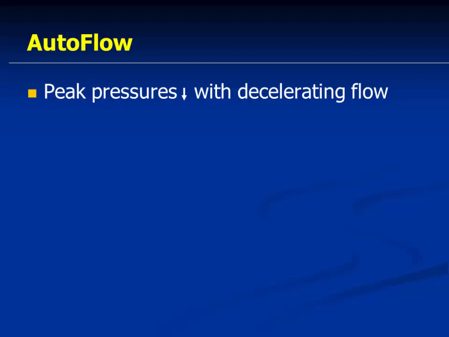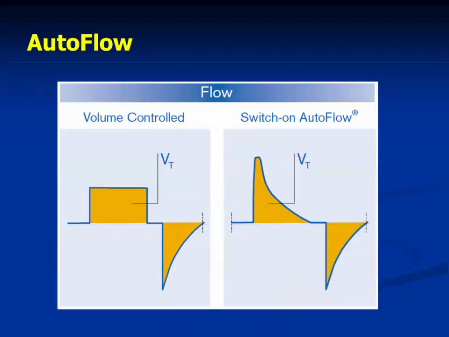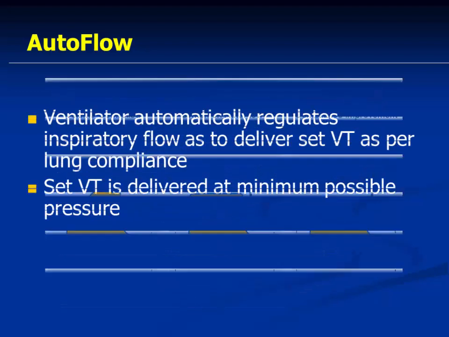The moment we switch the auto flow on, flow becomes variable. So again it combines the benefit of volume control and the benefit of pressure control both. This is the flow pattern, volume control. As you know, fixed flow. The moment you switch on the auto flow, flow becomes high and variable.